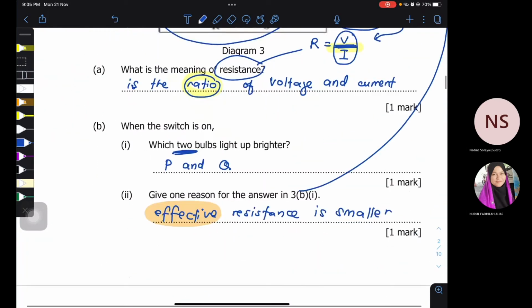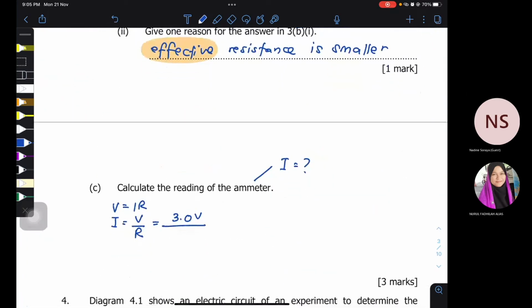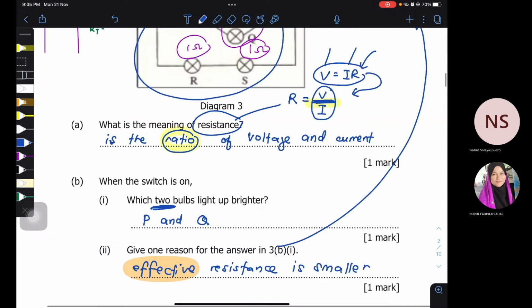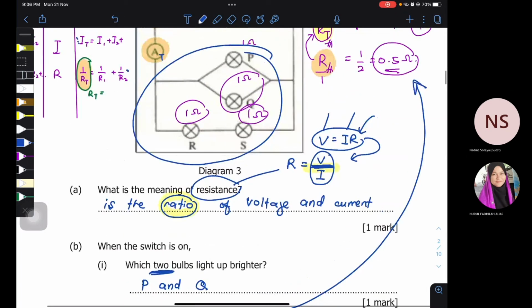Okay, jadi kita cari dulu yang dalam parallel tu 1 over R sama dengan 1 over 1 over 2.